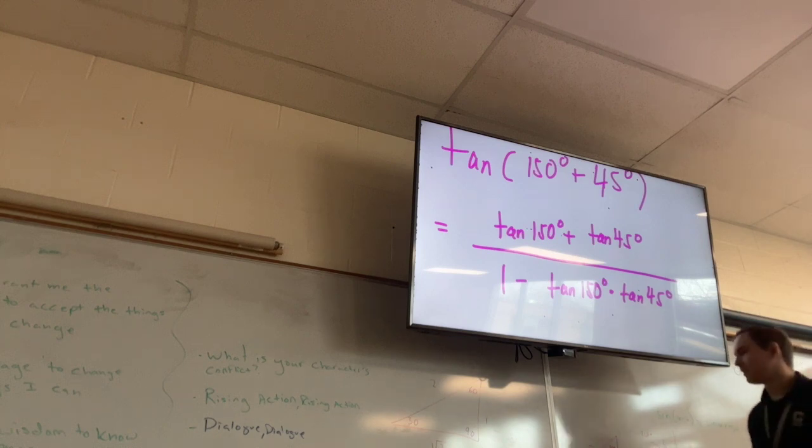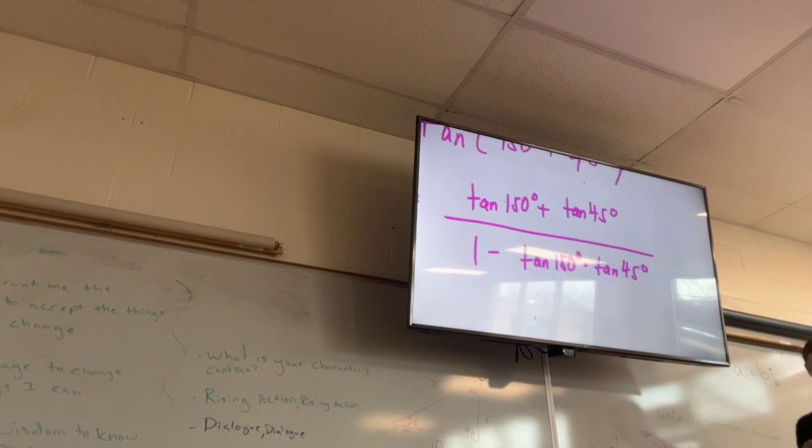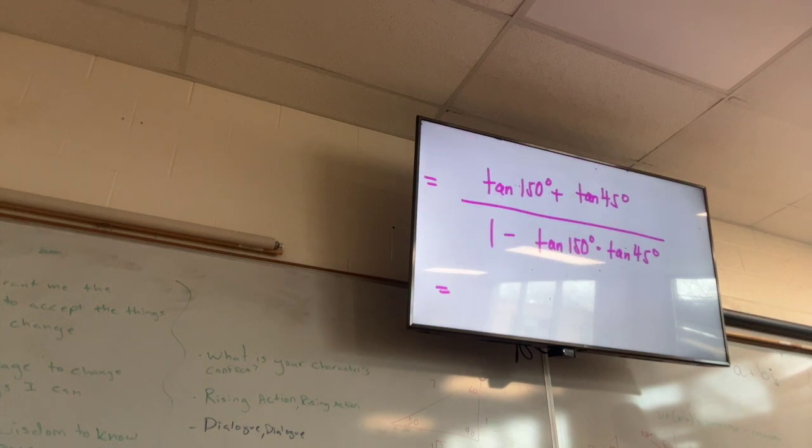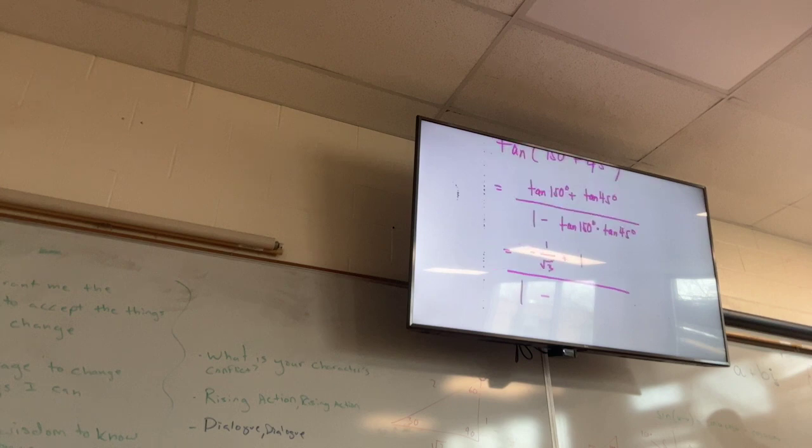So 150 degrees. What's the tangent of 30 degrees? 1 over root 3, and should that be negative or positive? Negative. What's the tangent of 45 degrees? 1. Tan 150 was negative 1 over root 3.